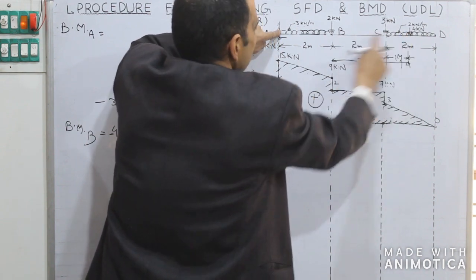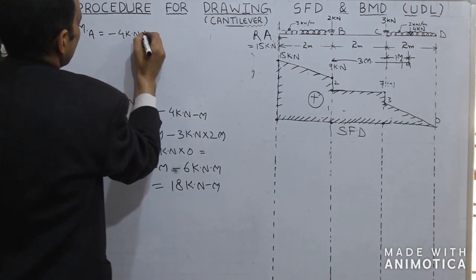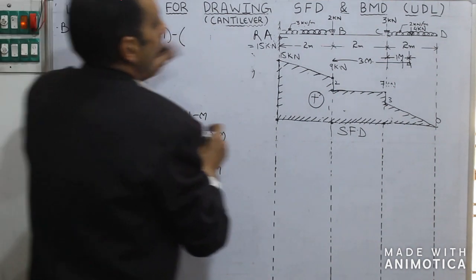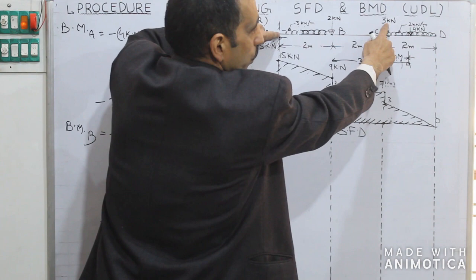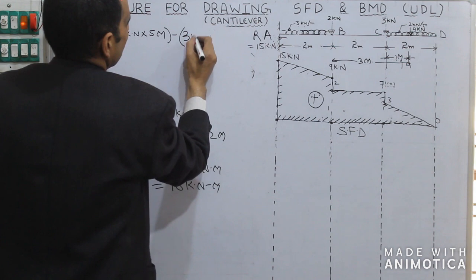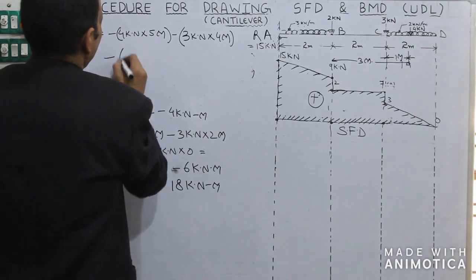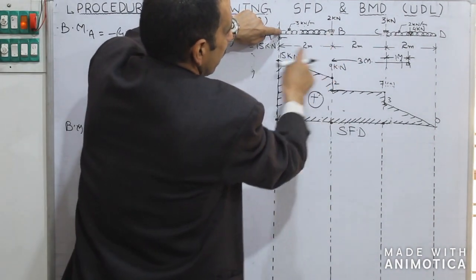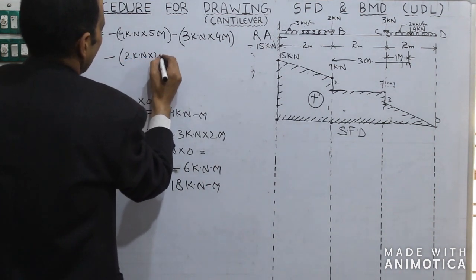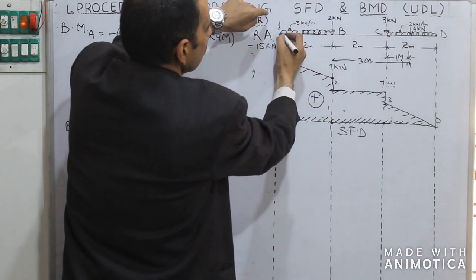So minus 4 kilonewton at a distance of 5 meters, and now point load 3 kilonewton at a distance of 4 meters, right? 2 kilonewton at a distance of 2 meters, and the UDL I will convert into a point load.